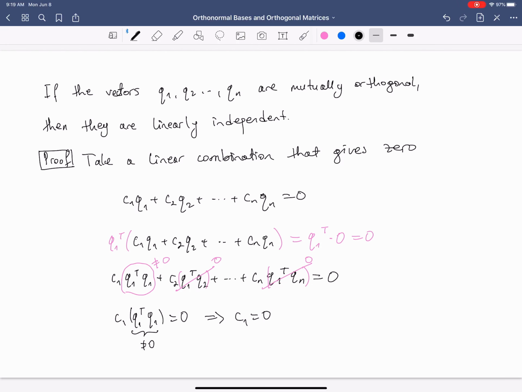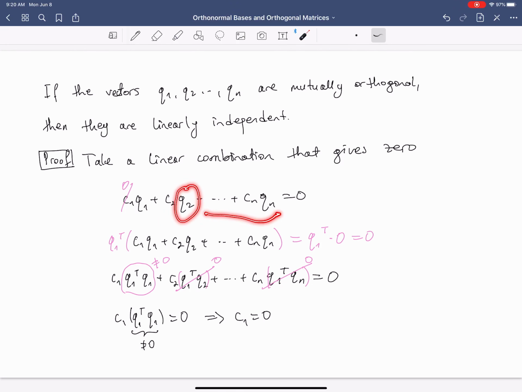Now, we know c1 is 0. How to show that c2 is 0? The same trick. Multiply by q2 transpose. It doesn't matter which way you group it. The only thing that is going to survive will be q2 transpose q2.